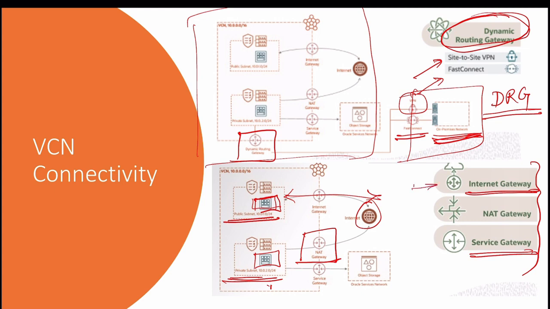For one-way communication, we require the NAT gateway. If we need to access public services that are available, we use the service gateway. The best example for this is OCI object storage. So these are the things we need to understand in terms of VCN connectivity.